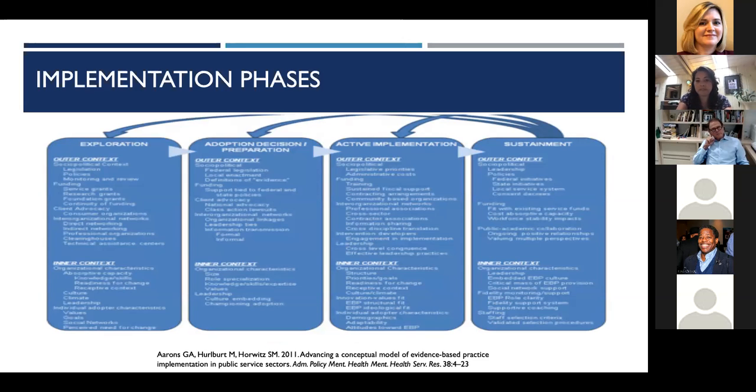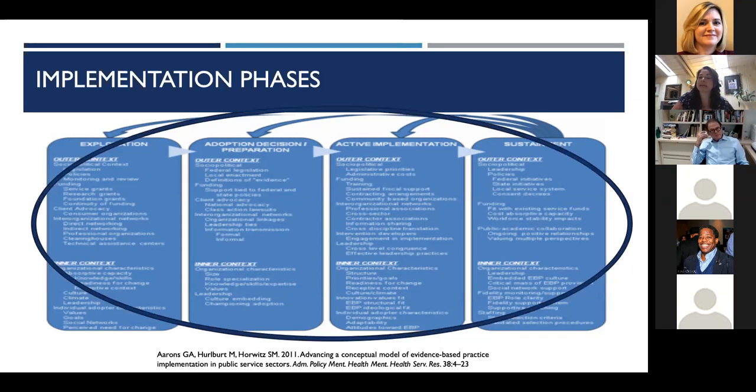I'm sure you are very familiar with this model. This is actually a much older version of what the EPIS model looked like. I realize it's fuzzy and you can't see all the outer and inner context variables that go into each of these four phases. But the point I wanted to show here is that when I'm talking about implementation, I'm talking about that full range, that full broad spectrum of activities.